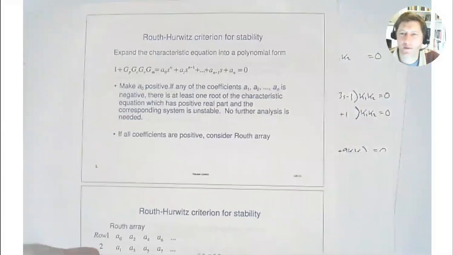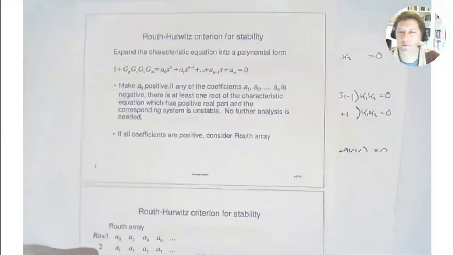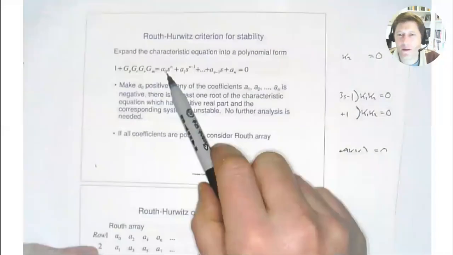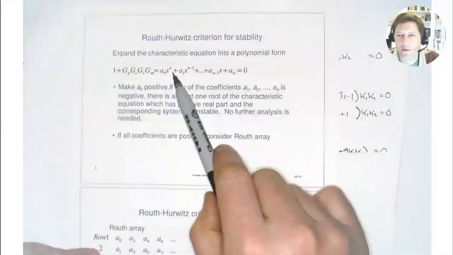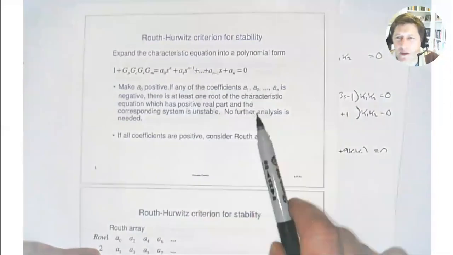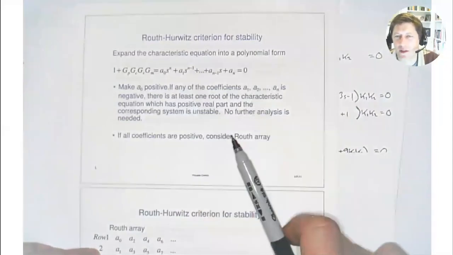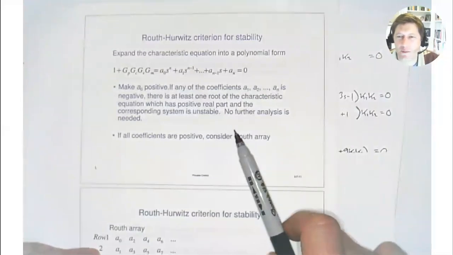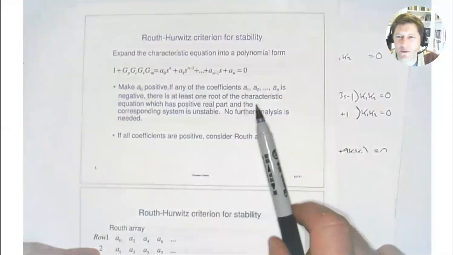So if we have a polynomial a0 s to the n, a1 s to the n minus 1, and so on, you know that there's methods to find whether or not these are stable, whether they're going to have positive or negative roots.